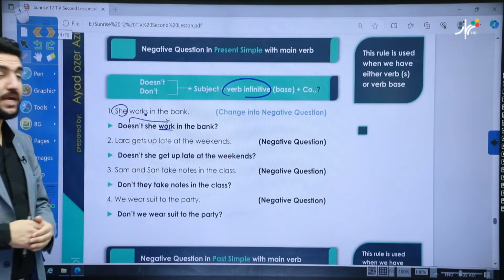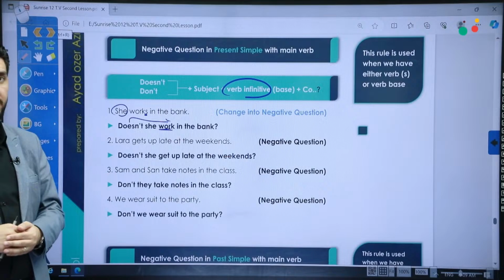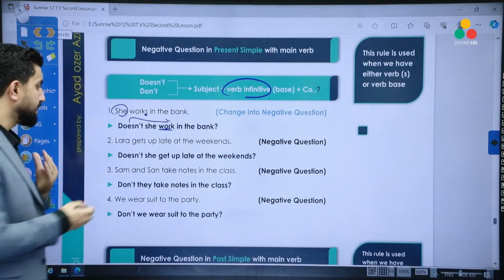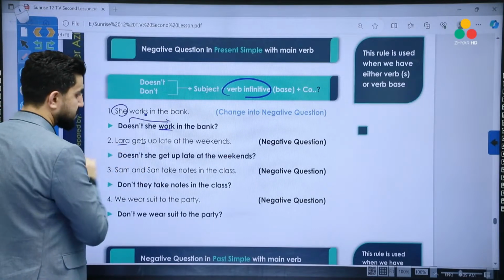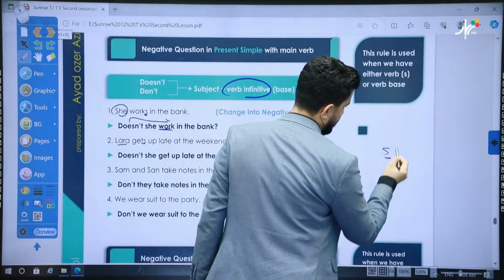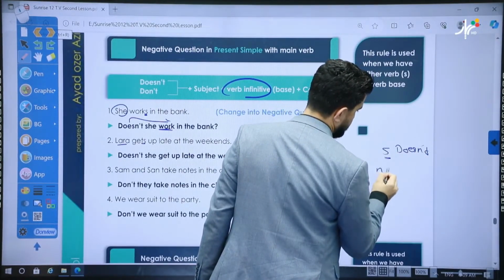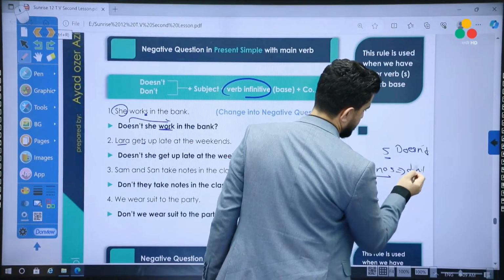Lara gets up late at the weekends, for example, or Sam gets up late at the weekends, or Ali gets up late at the weekends. No matter what the name is, just take a look. When we have s, we use doesn't. No s, we use don't, in present simple.